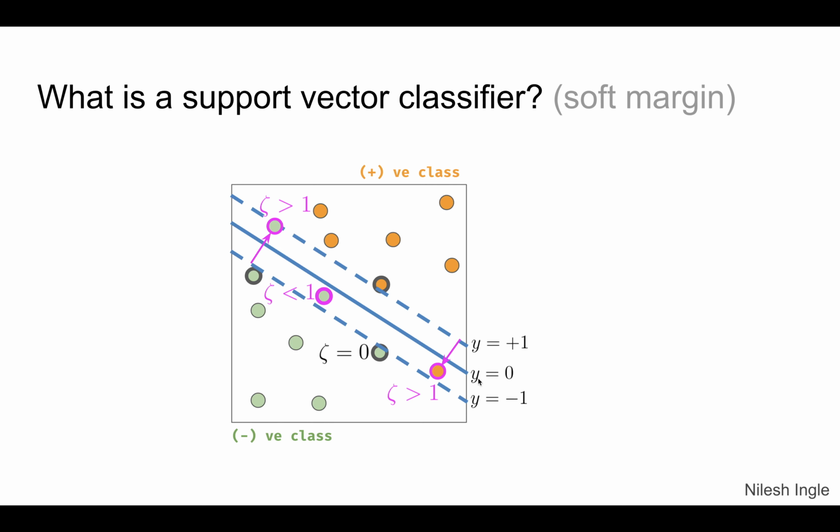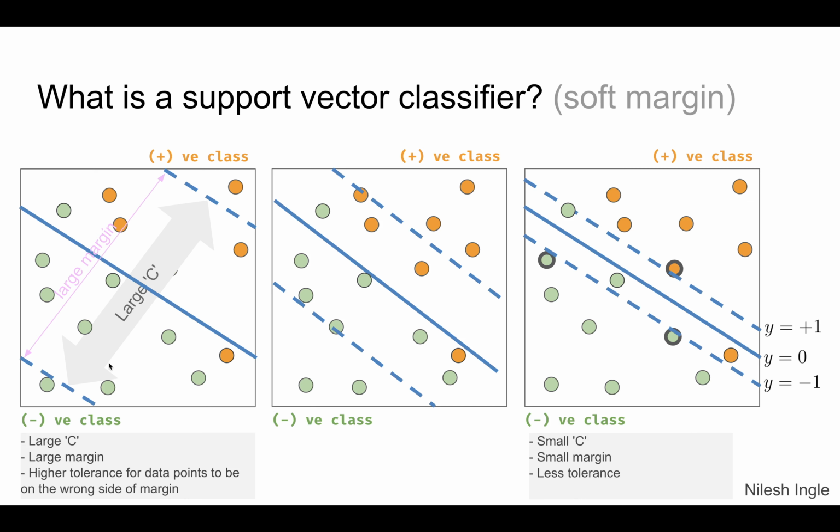And here we can see the value of y is 0 for the solid line, and then y is equal to +1 for this upper margin boundary, and y is equal to -1 for this lower one. So this we are calling a positive class, and this we are calling a negative class.